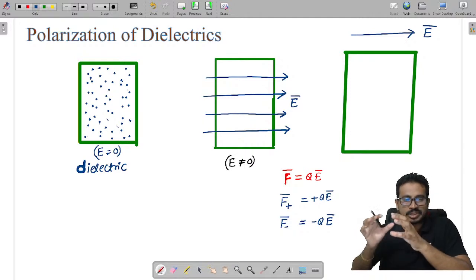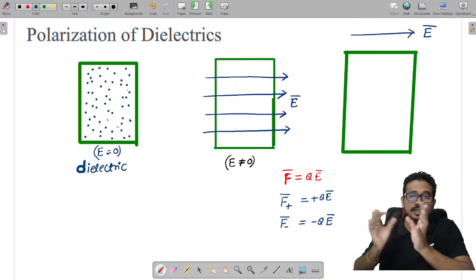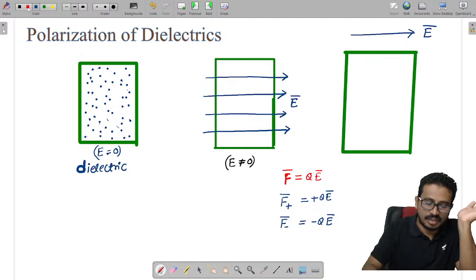Both positive and negative charges experience the same magnitude of force, but in opposite directions.